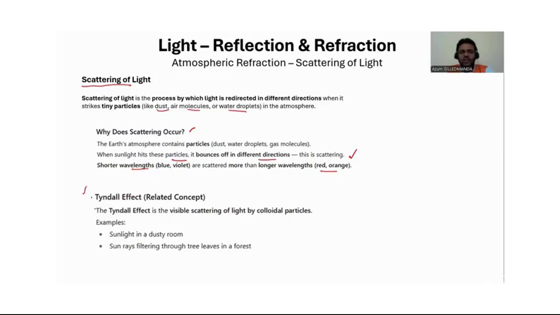That is the Tyndall effect. So what is the Tyndall effect? When we see sunlight in a dusty room, let's say in the morning you have opened a room which has a lot of dust, when you see the sun rays passing through, you can feel the dust.